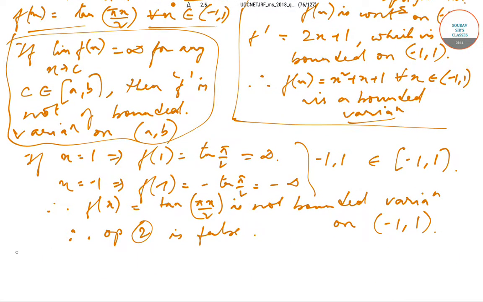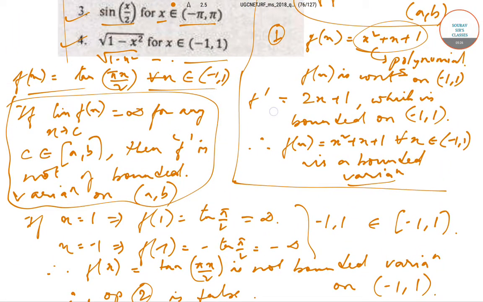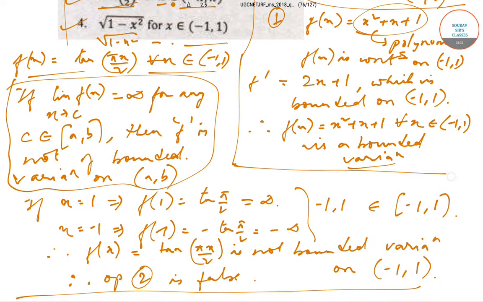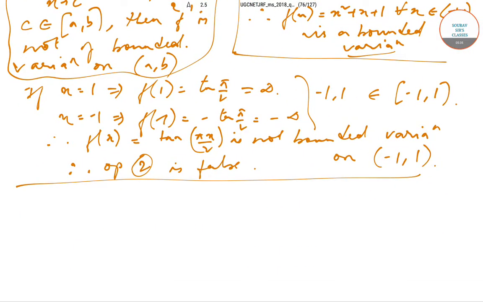Now let us shift our focus to option 3. In option 3 we need to check f of x equal to sine of x by 2 for x belonging to the open interval minus pi to pi.